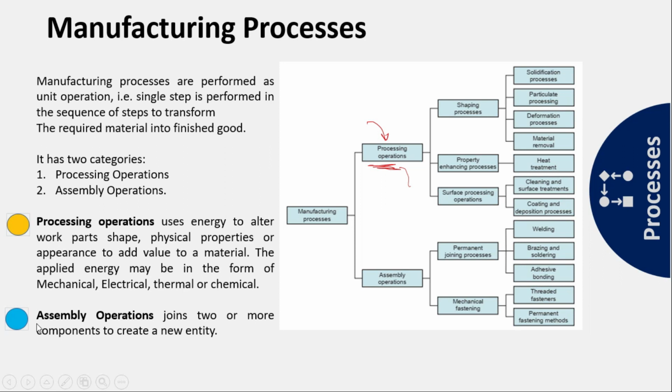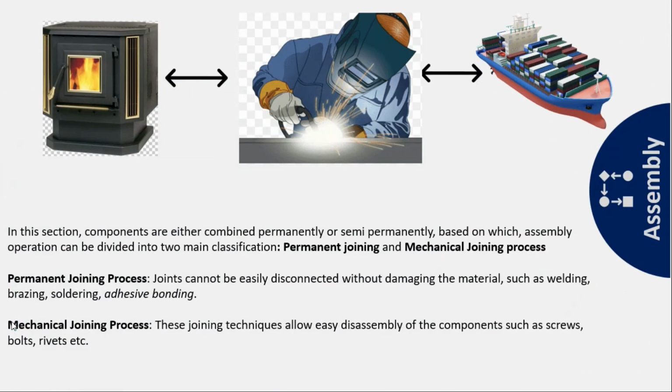Then the second branch of the manufacturing process is the assembly operation. In the assembly operation, we have either the permanent joining processes, or the temporary or mechanical joining processes. What are the permanent joining processes?